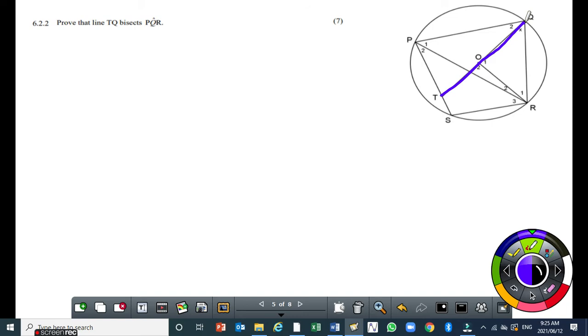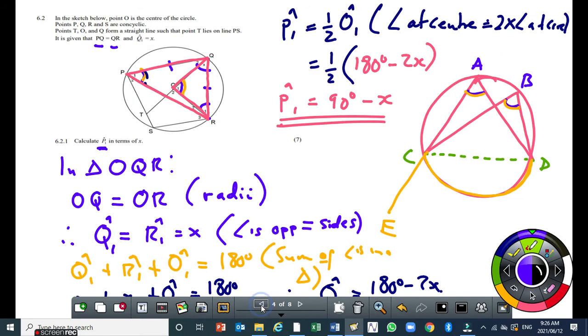Fortunately, we know that PQ is equal to QR. Already we now know that this angle is 90 degrees minus x. We know that R1 is x. Yes, we remember we proved that already.